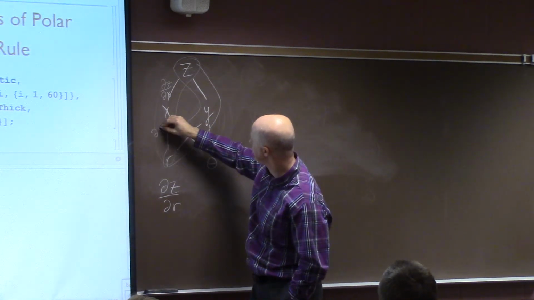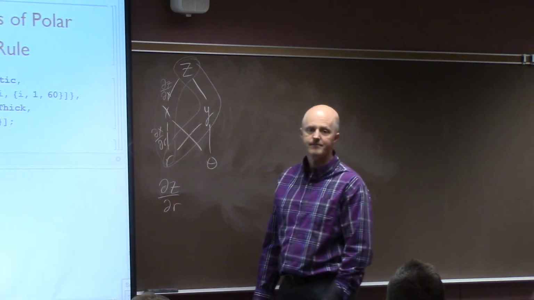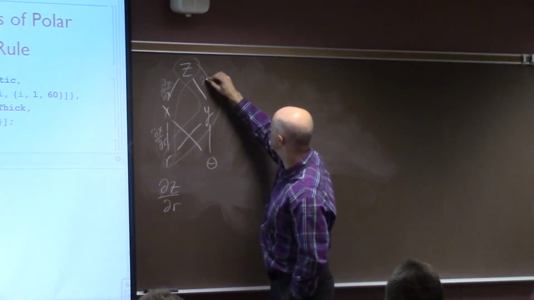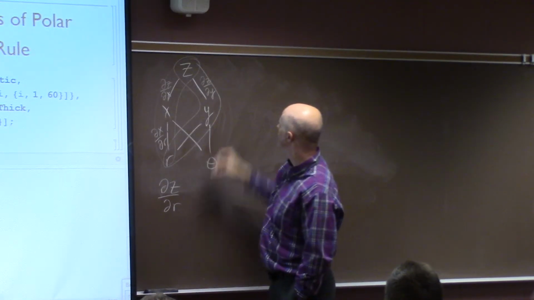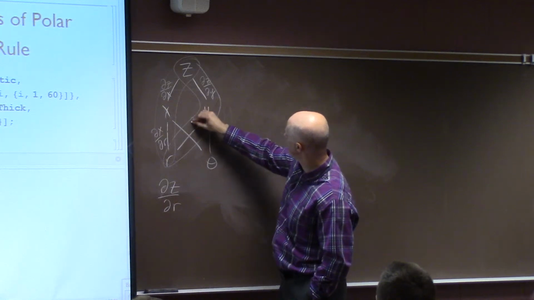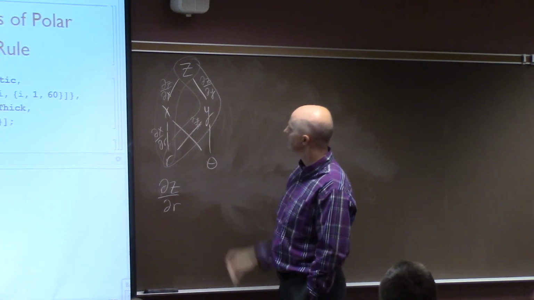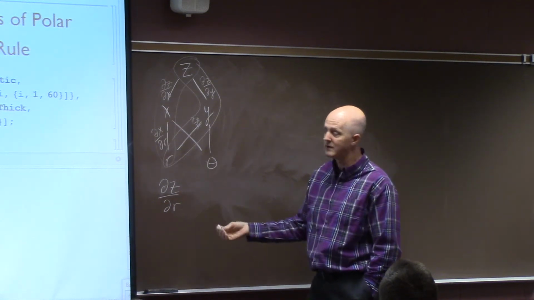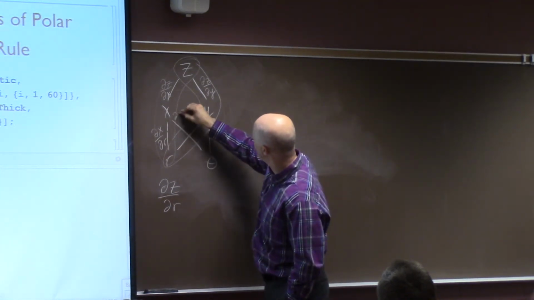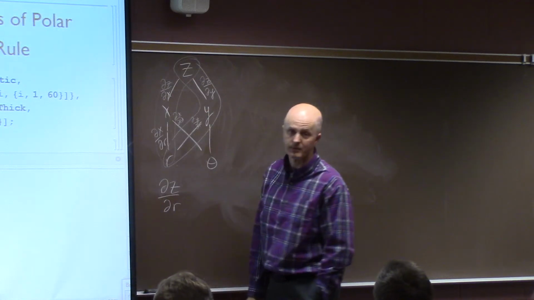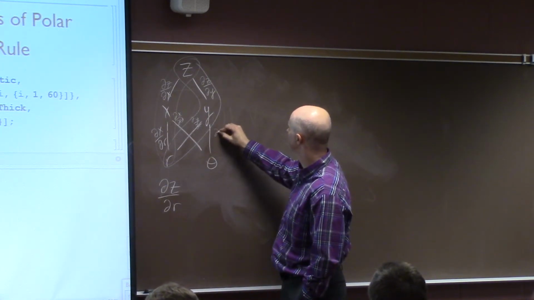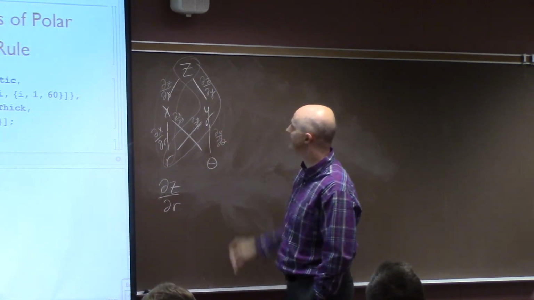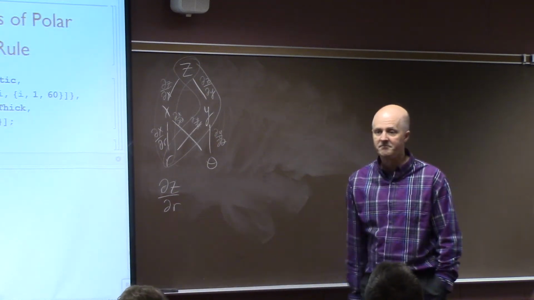I'm going to label that dx dr. Along this line, I'll label this dz dy. And along this line, I'll label it dy dr. Two lines have gone unlabeled because that doesn't lead down to r. I could certainly label those appropriately to help me find derivatives with respect to theta, but I won't need those here with this example.